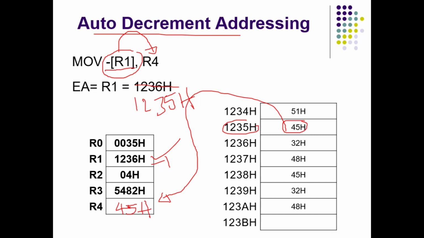In auto increment, the increment is done after making use of the address, and in auto decrement, we initially decrement the address and then use it as the effective address. So these are all the different addressing modes we have discussed according to your syllabus.